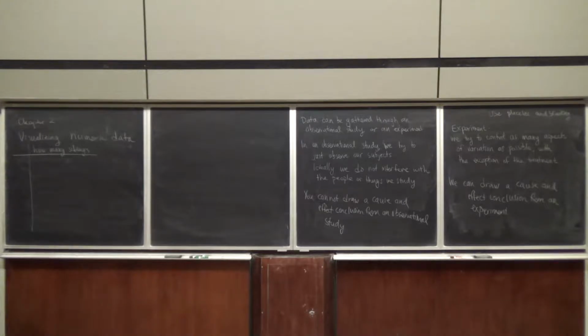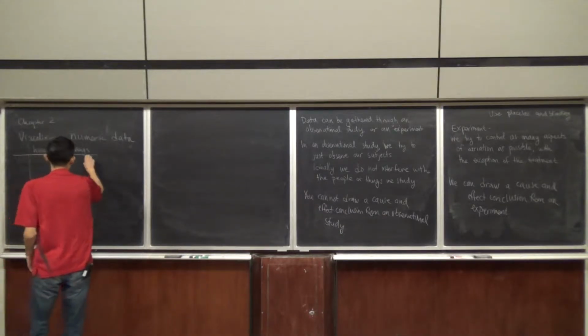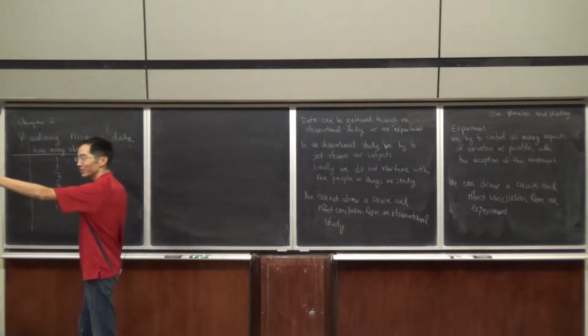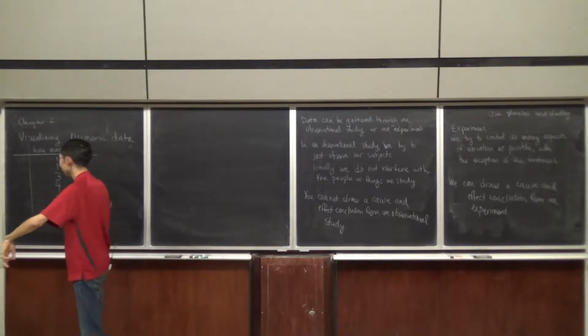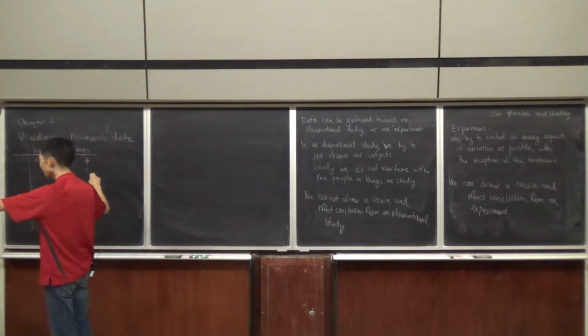So maybe I could begin with you. 1 sibling, okay? And again, if you feel this is too personal and you don't want to answer it, you don't have to. 1, okay. 3. 4. 4. 4. Ethan, 1. And then 2. 2.